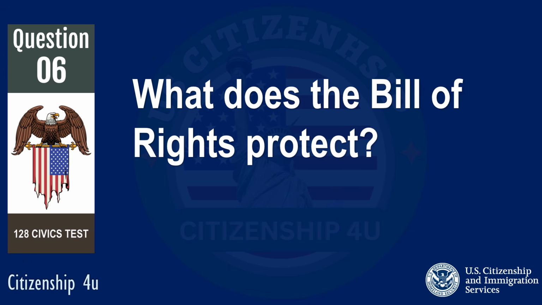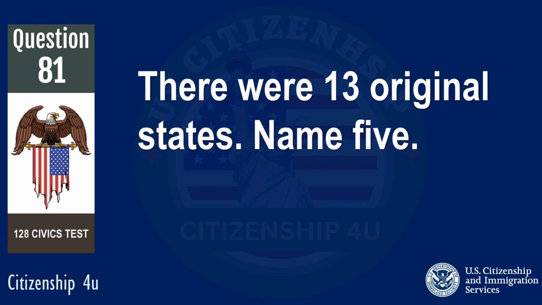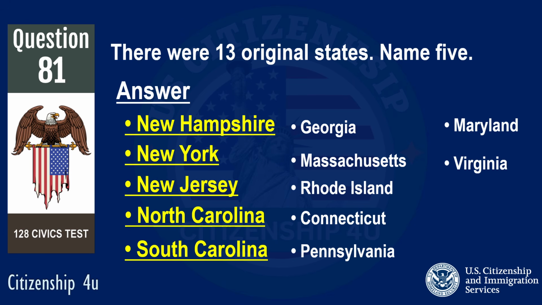What does the Bill of Rights protect? The basic rights of Americans. There were 13 original states. Name 5. New Hampshire, New York, New Jersey, North Carolina, South Carolina.